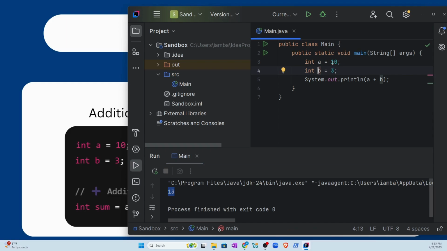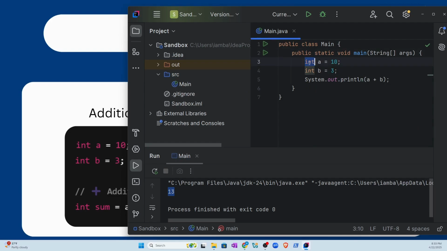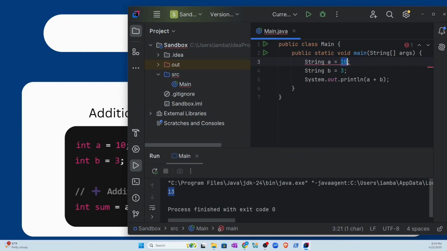Of course, we could also use the addition operator for concatenation. So let's say we made these strings. Of course, I'm going to get some errors from the compiler. Let me fix those. If these instead were string types, then no math is going to be performed.